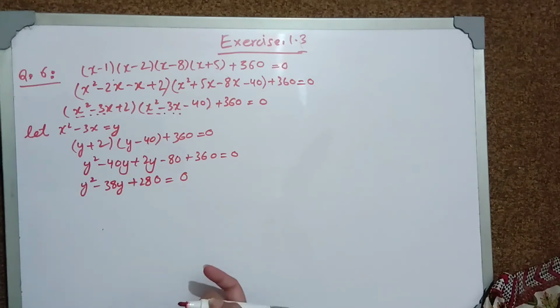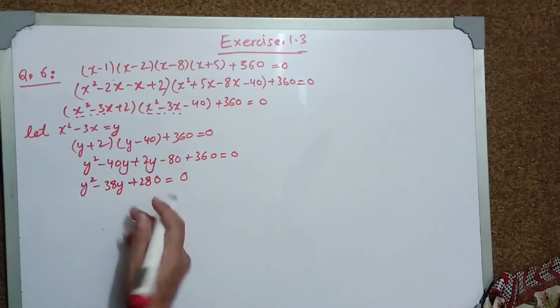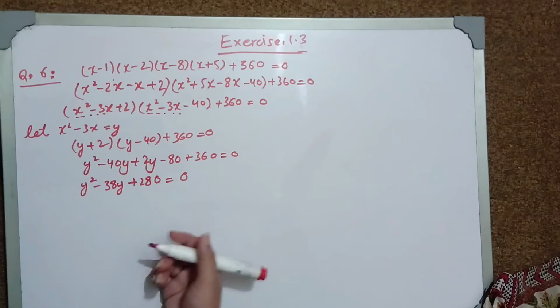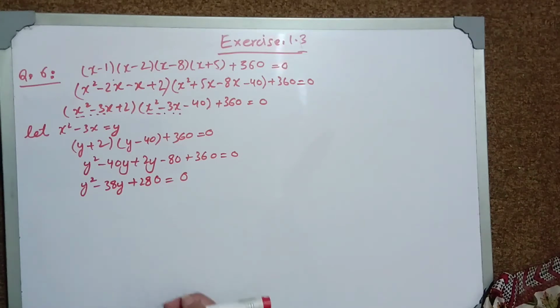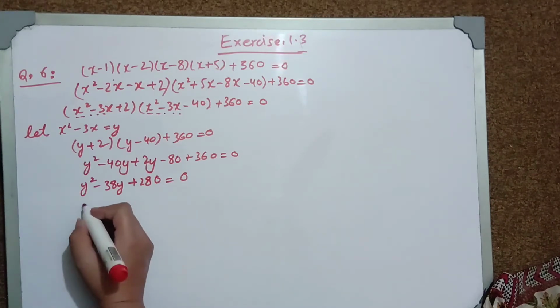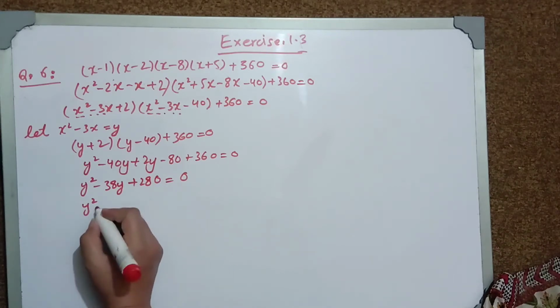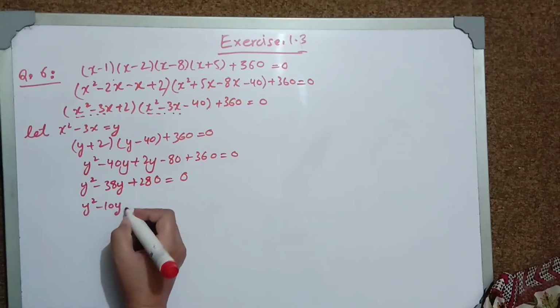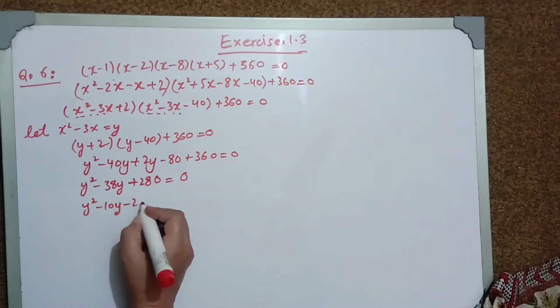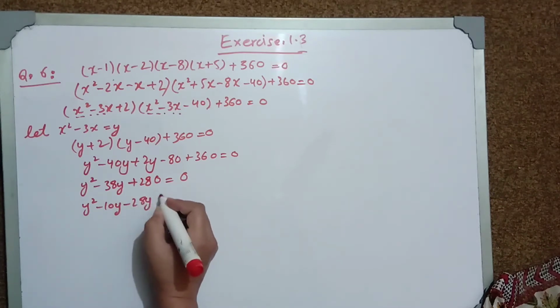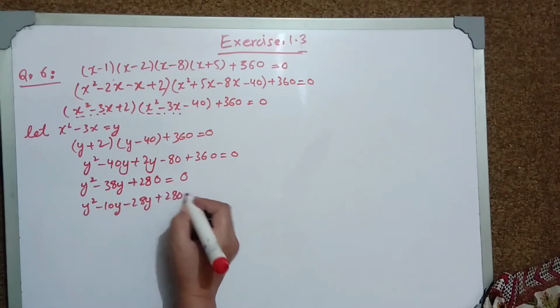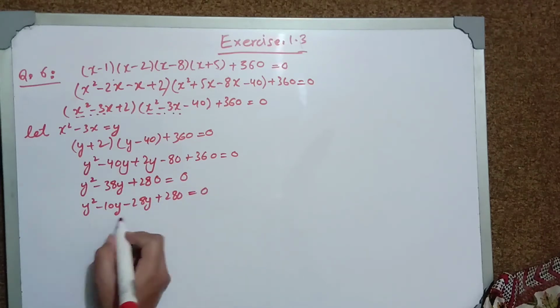We can factorize it, and the factors I hope you remember we did in class. How do we do middle term breaking? So here minus 38y can be written as minus 10y minus 28y, and the rest of the equation will remain as it is. Now you can see that we can take y common from the first two terms.